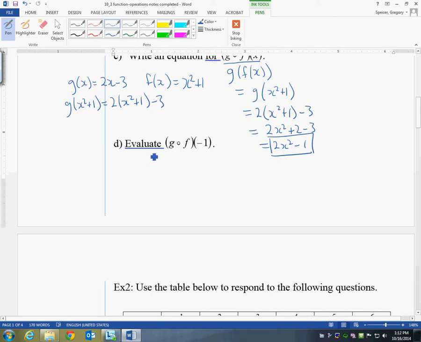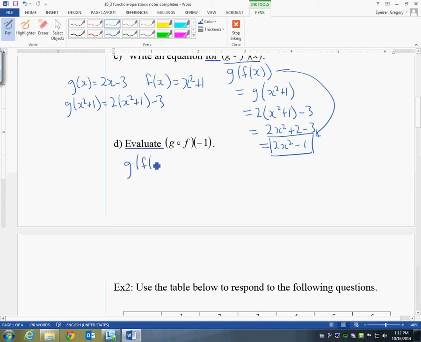D now says evaluate. Evaluate means you're going to get a number at the end of g of f of negative 1. So I found the general answer for g of f of x, so I can use that.